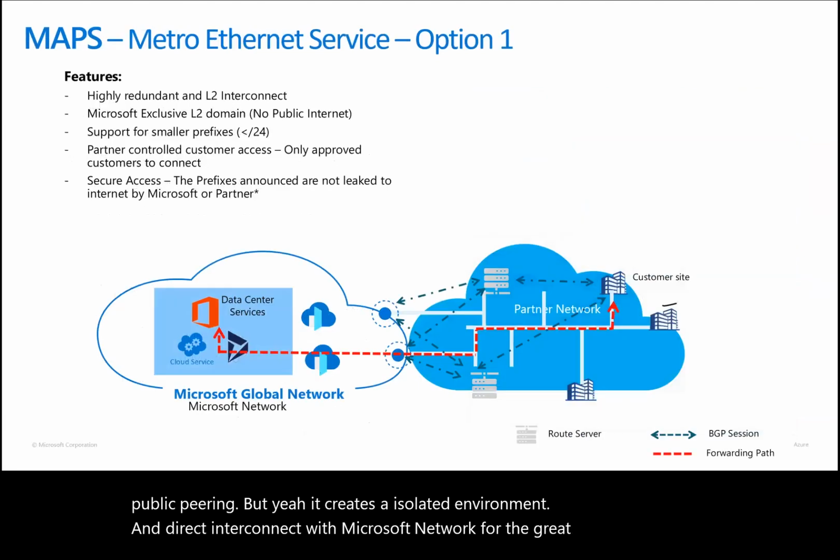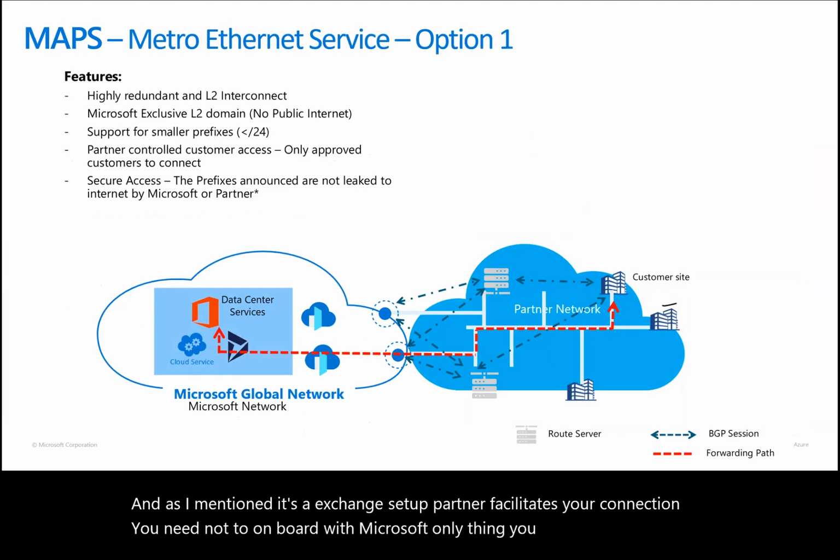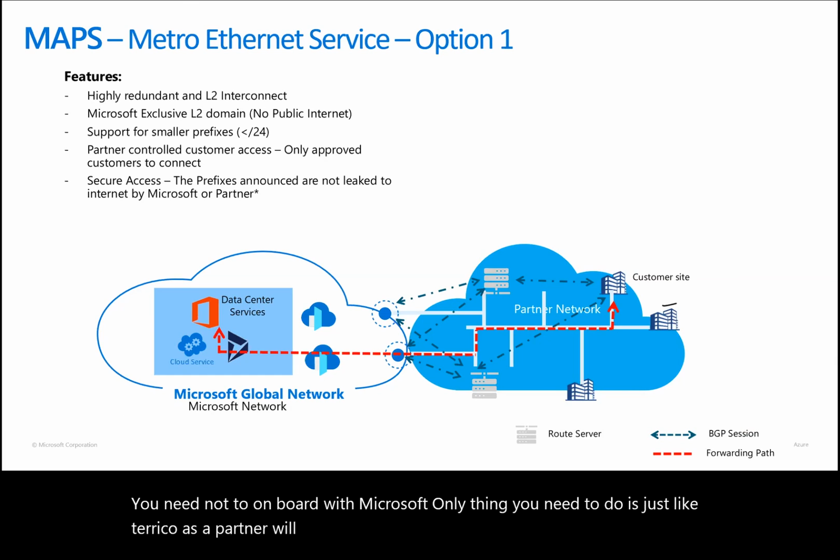And as I mentioned, it's an exchange setup. Partner facilitates your connection. You need not onboard with Microsoft. The only thing you need to do is, just like Teraco as a partner will help you onboard onto the platform, and it's a couple of clicks away. You need to just register your ASN.